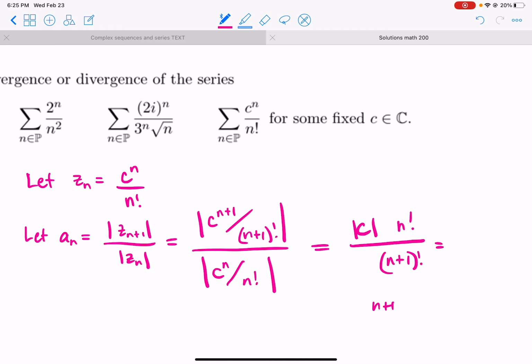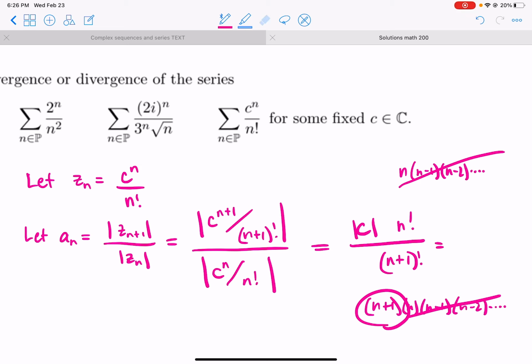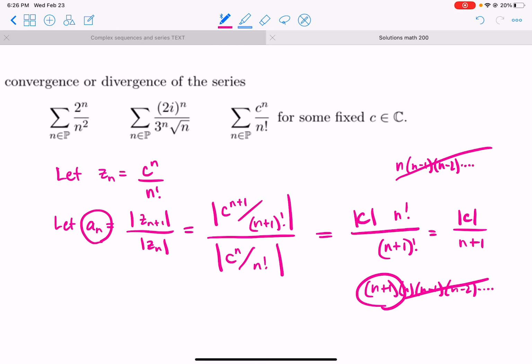Now, remember, n plus 1 factorial is n plus 1 times n times n minus 1 times n minus 2 and so on, and n factorial is n times n minus 1 times n minus 2 and so on. All these will cancel, leaving just an n plus 1 down there. Anyway, long story short, the absolute value of c over n plus 1. That is little a sub n.